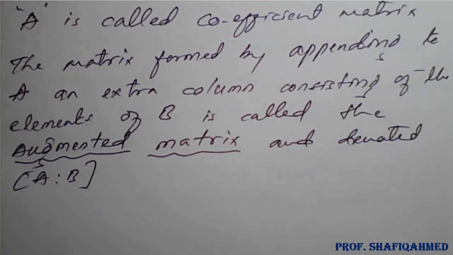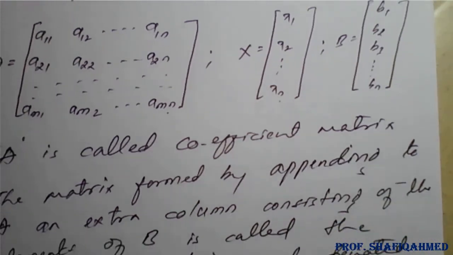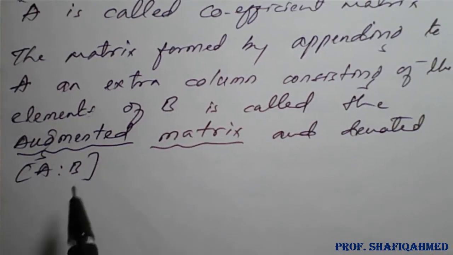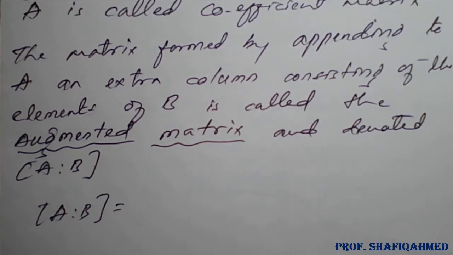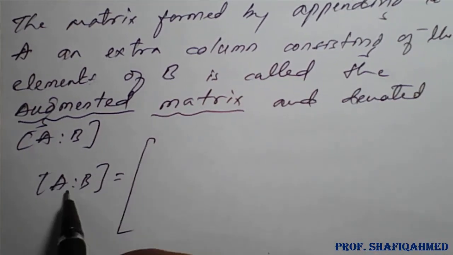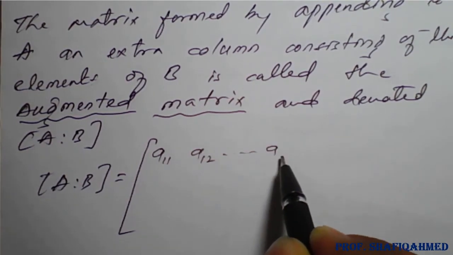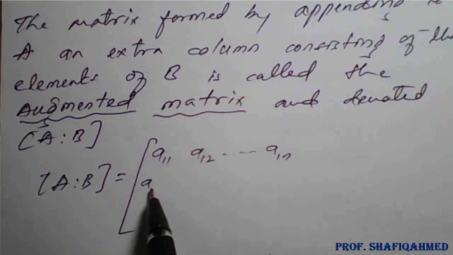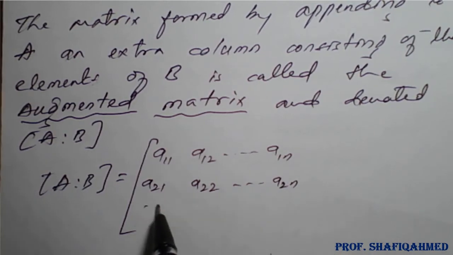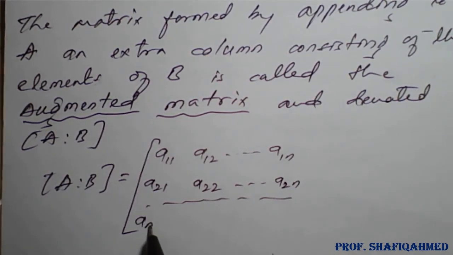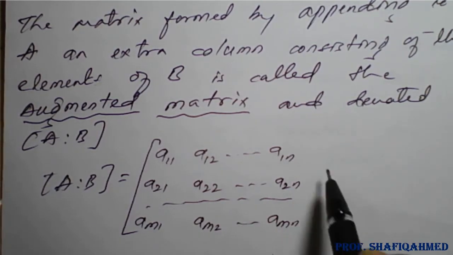Therefore, we know what matrix A and matrix B are. So how to write it here? The augmented matrix [A | B] is written as the elements of matrix A, that is a11, a12, so on a1n. Similarly, second row a21, a22, so on a2n, so on, am1, am2, so on amn.